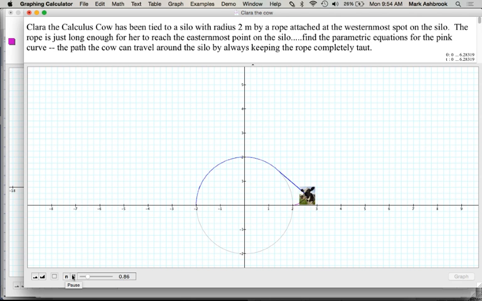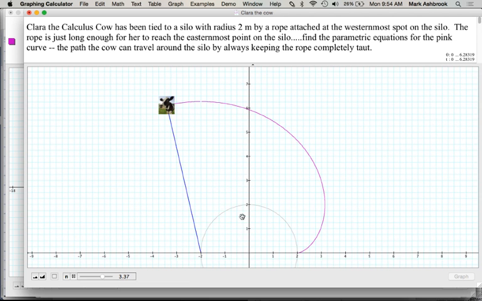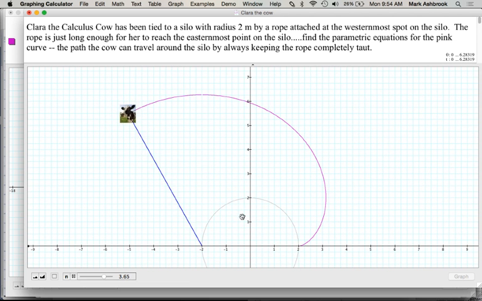So the idea is, what is the path? First of all, what is the path that she could walk if she kept the rope tight? This would not at all be convenient as y as a function of x, because it's not y as a function of x.